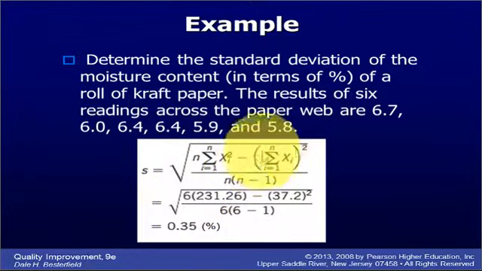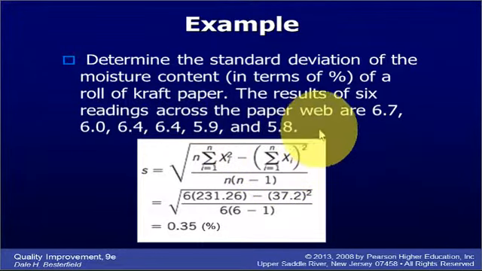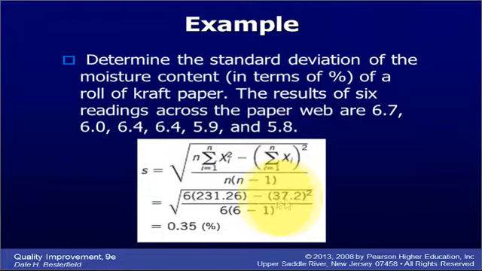And then minus this term, and this term is computed as the square of the sum of xi. So you must differentiate these two terms. This square is placed for each individual xi. This square is placed for the sum. So you need to first compute the sum of these 6 values, which equals 37.2, and then you place the square to this sum.